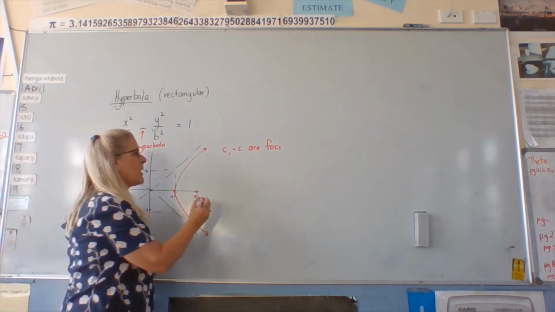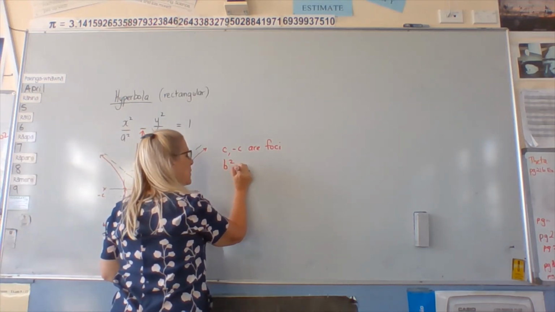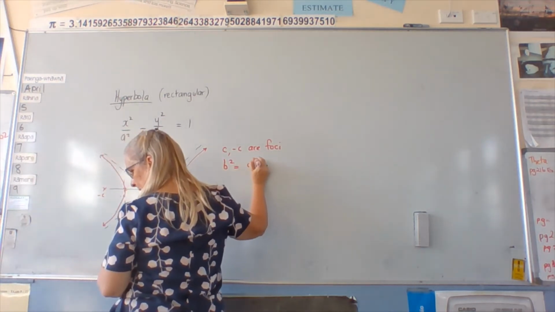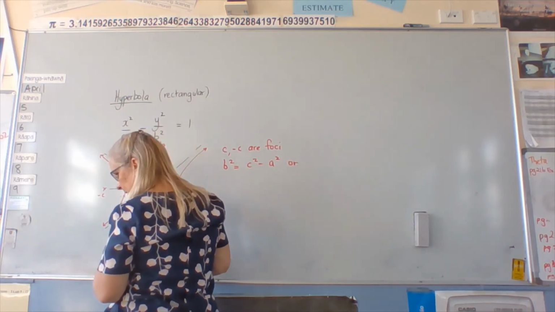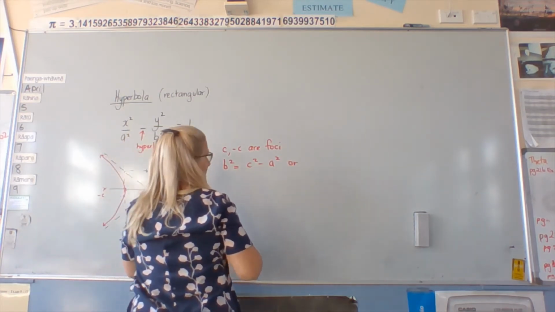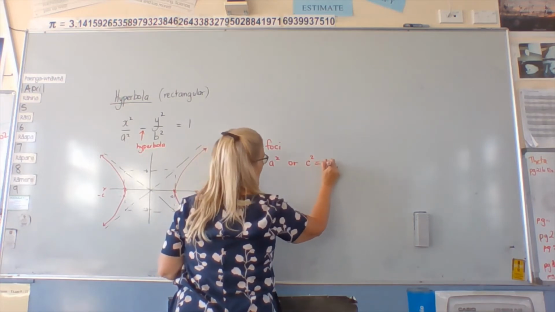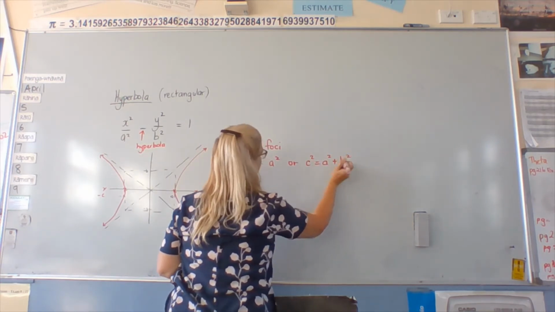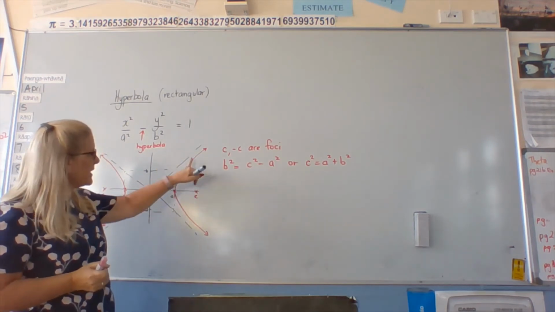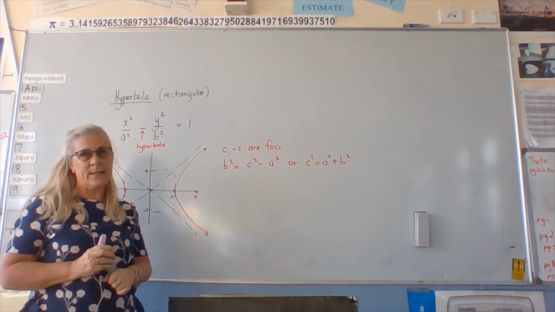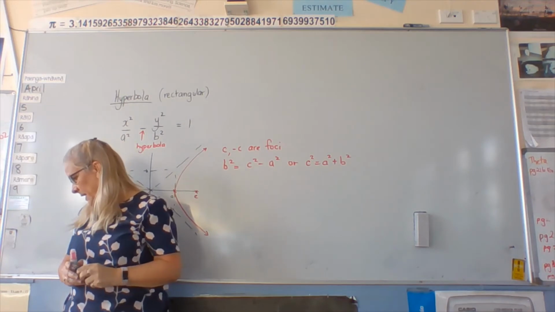This time, though, it's B squared equals C squared minus A squared. Or it's C squared equals A squared plus B squared. All right? So that's the relationship needed between any point on here and C. It builds up a right-angled triangle.